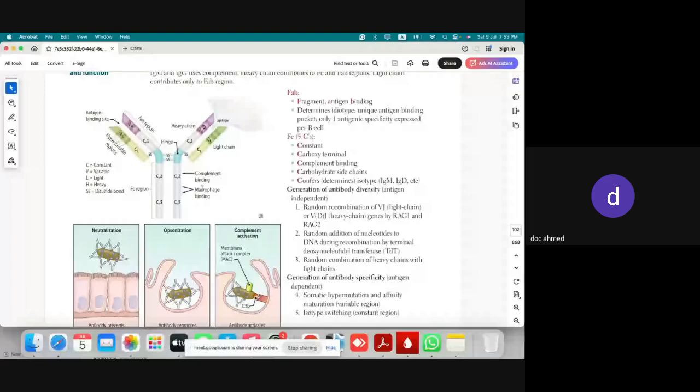So we have two regions of our antibody, right? The FAB region and the FC region. In the FAB region, you can see that we have the light chain, and we discussed that we have the antigen binding variable region.